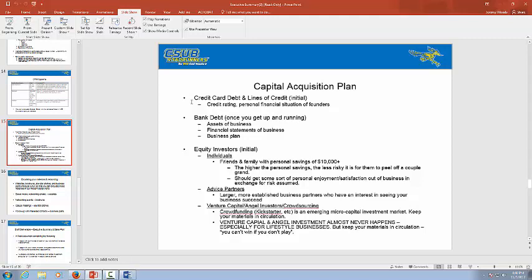Once you're up and running as a business, bank debt becomes an option. There's three things that you really need in order to be able to pursue bank debt.